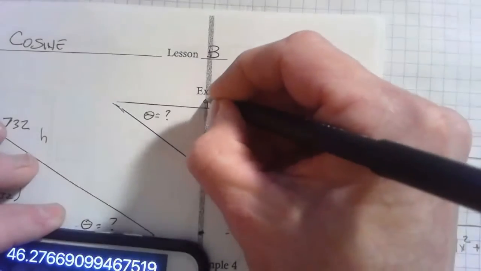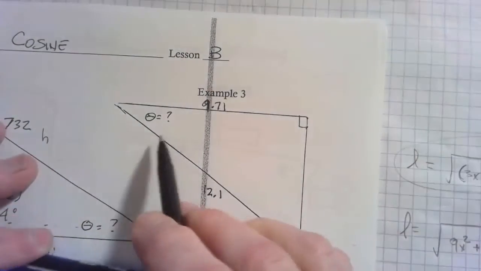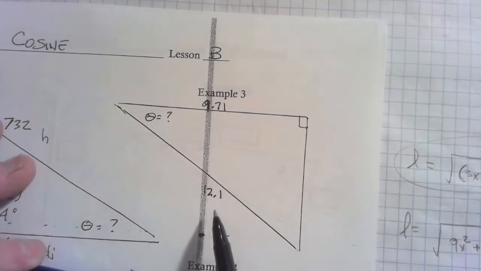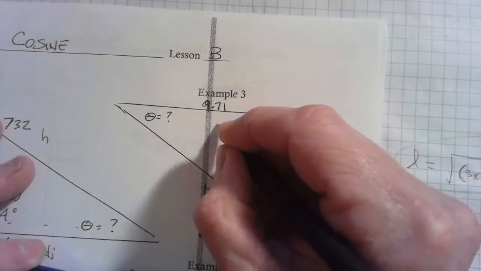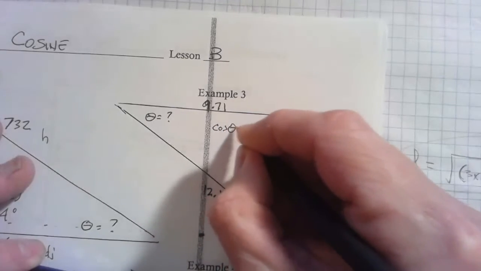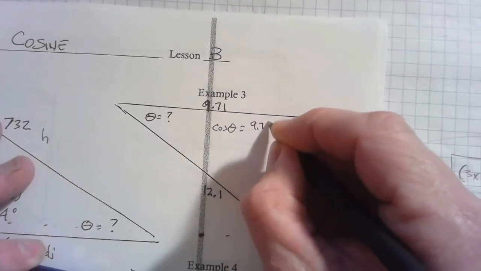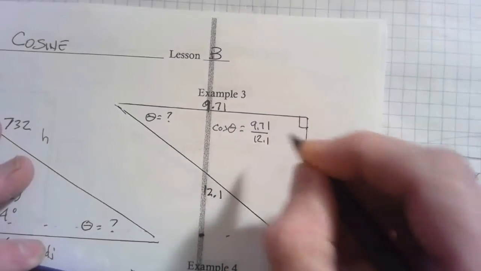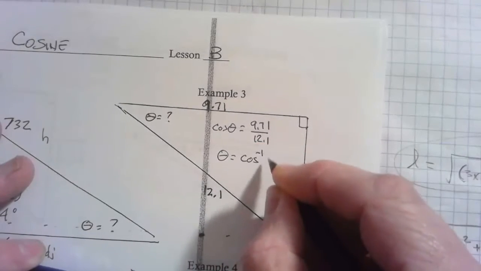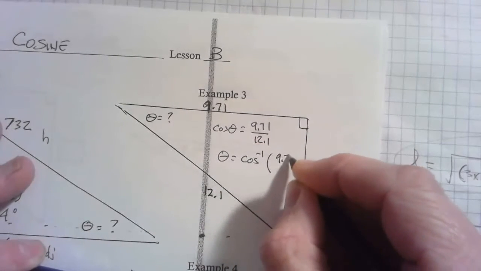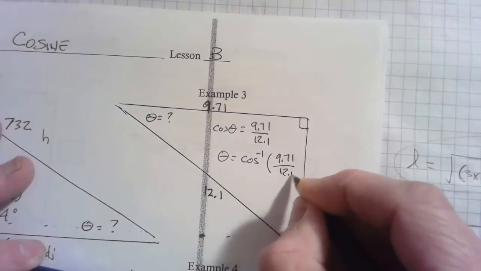Alright, so this copy is a little messed up. That's a 9. So I have adjacent, and 12.14 is a hypotenuse. So cosine of theta is 9.71 over 12.1, which means the angle is the inverse cosine of 9.71 over 12.1.